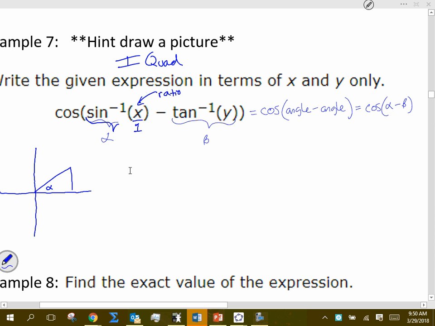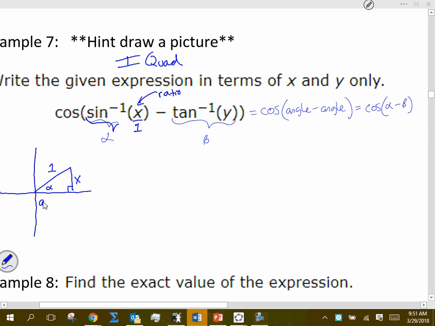It's 1. So now sine inverse of our ratio, well, sine is opposite over hypotenuse, isn't it? So you see there they gave you all the information you need to know about this angle alpha? Because now, if that's alpha, if this is x and this is 1, it's a right triangle, we should be able to go through the Pythagorean theorem.